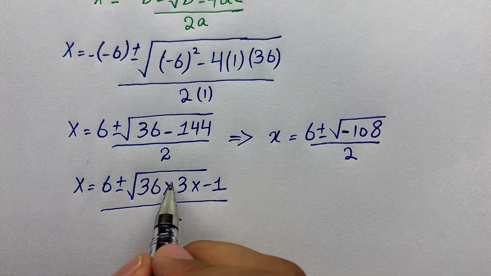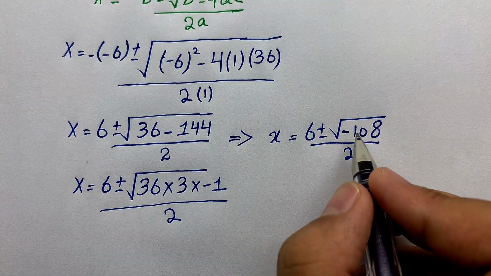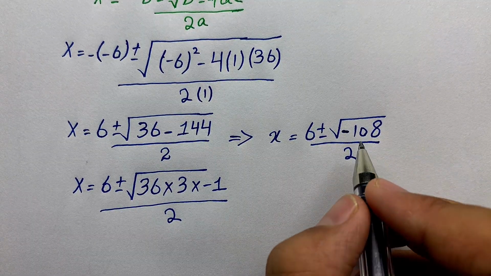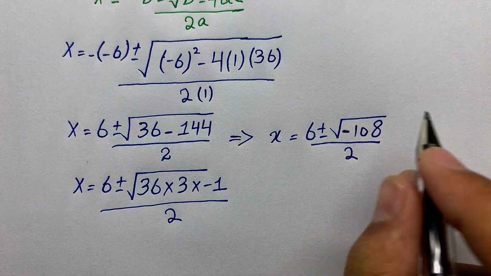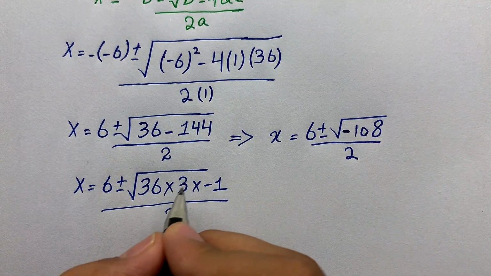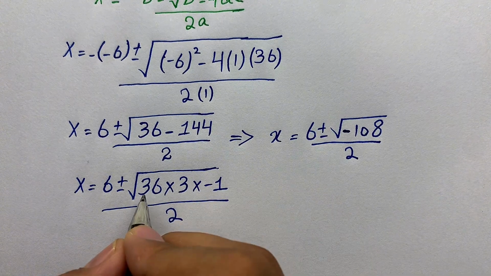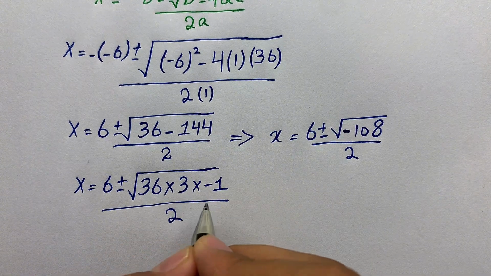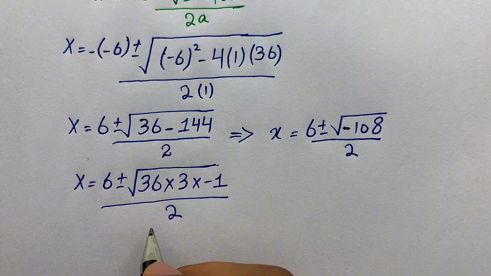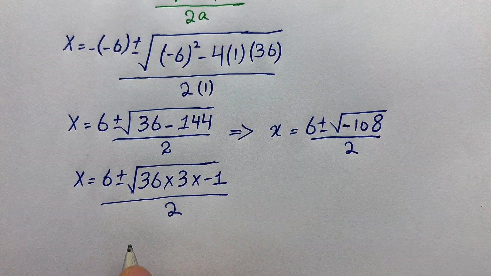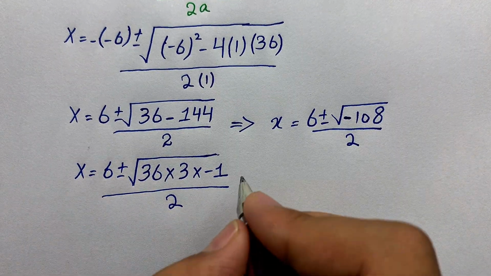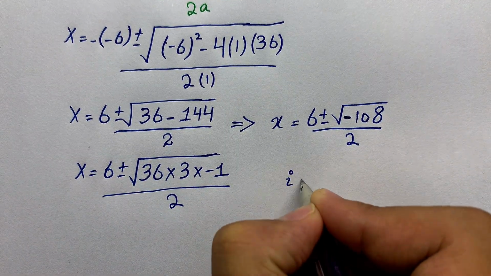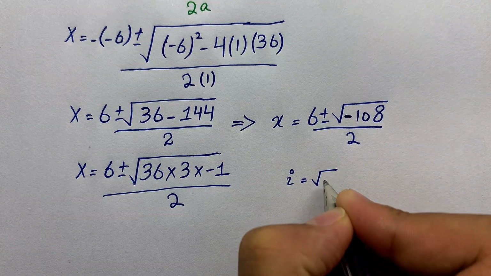We get this value after taking the LCM. As we noted, iota is equal to the square root of minus 1.